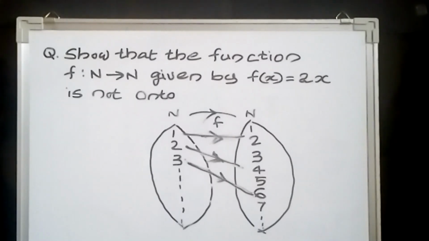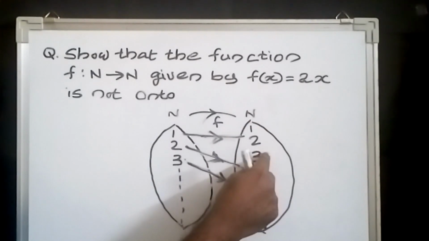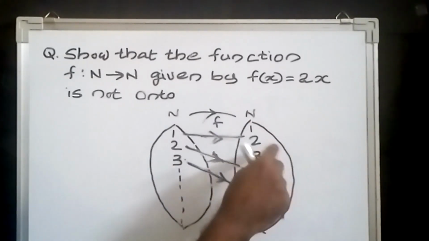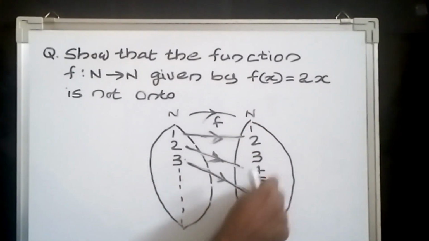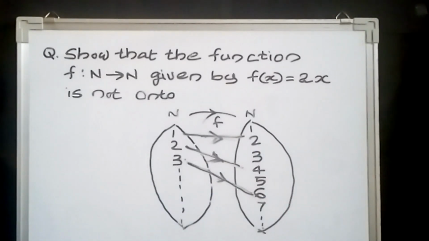The arrow diagram shows that the function is not onto because the elements in the second set, the odd natural numbers 1, 3, 5, 7, etc., have no pre-images in the first set. Therefore, the function is not an onto function.